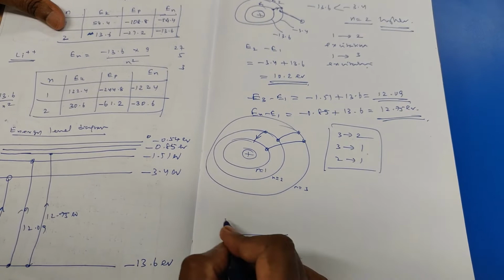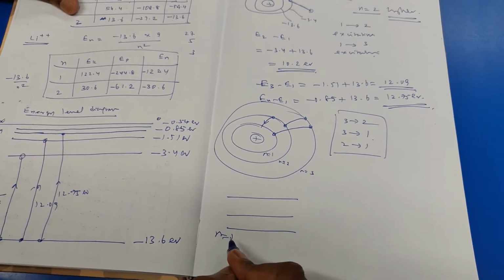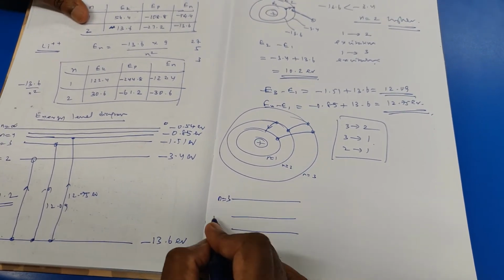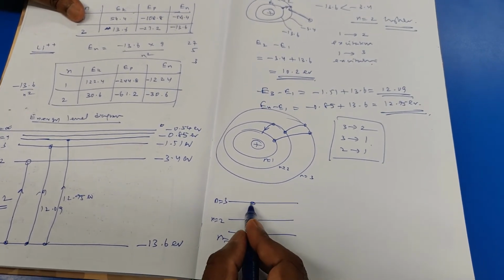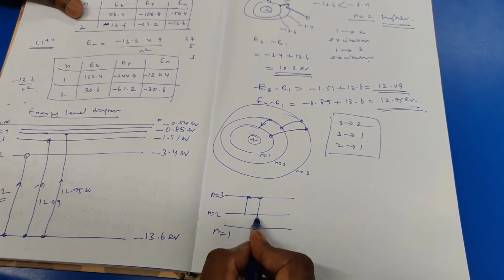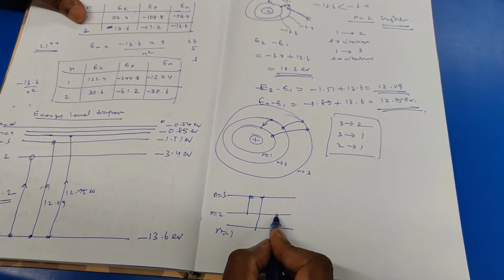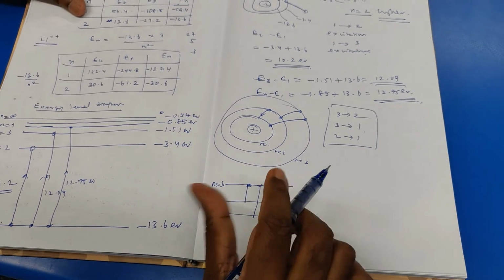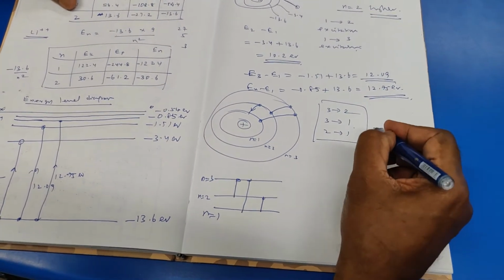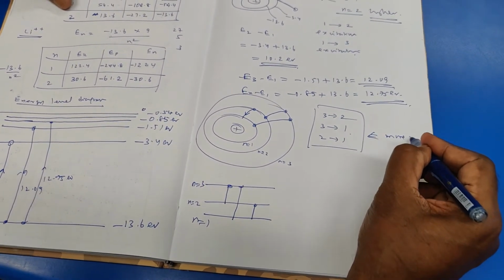If you excite the electron from the first level to the third level, how many transitions are possible? From 3 it can come to 2, from 3 it can come to 1. After coming to 2 it can come to 1, so 3 transitions are possible. Another question, among these 3 transitions, which has more energy?